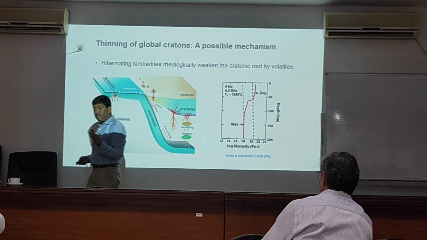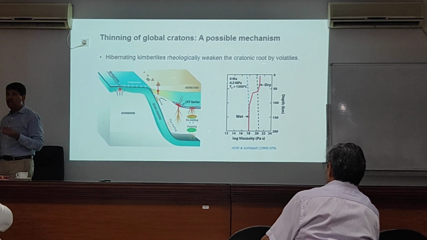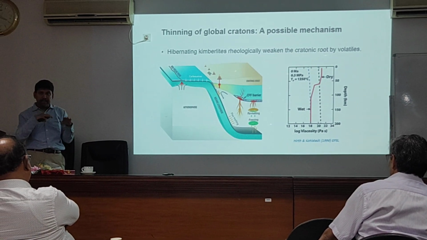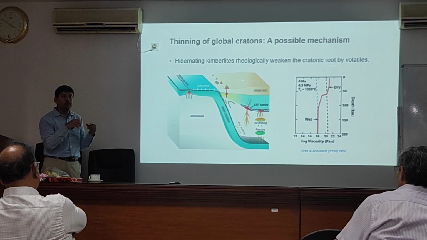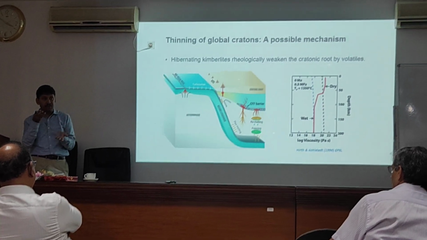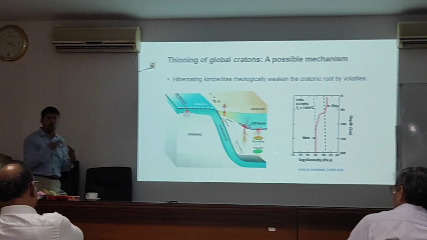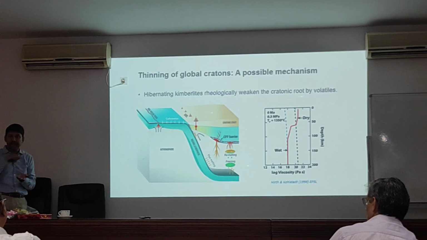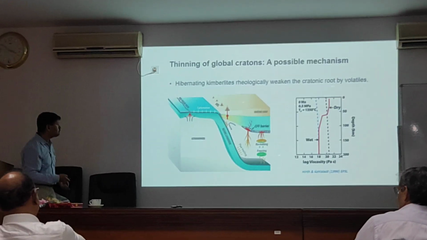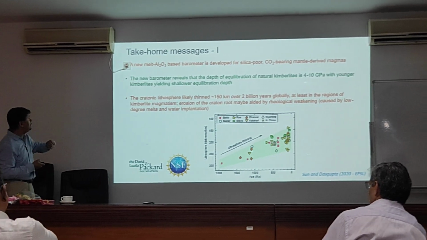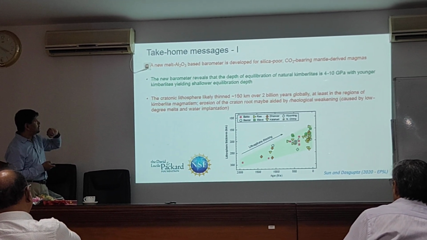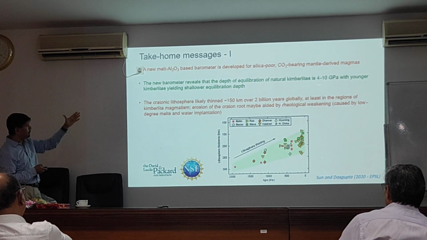So if kimberlite magmas are also hydrous, with kimberlite generation at the base of the lithosphere, and if those melts are metasomatizing, one effect would be rheologically weakening the base of the lithosphere. And then it's easier to convectively remove that base because it's now rheologically weak. So that's another idea.